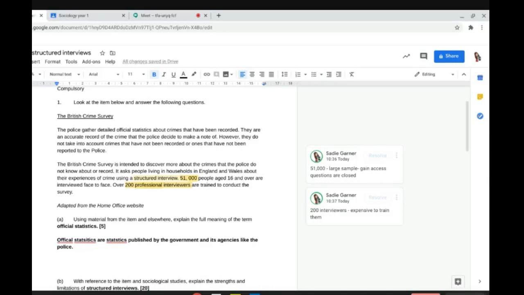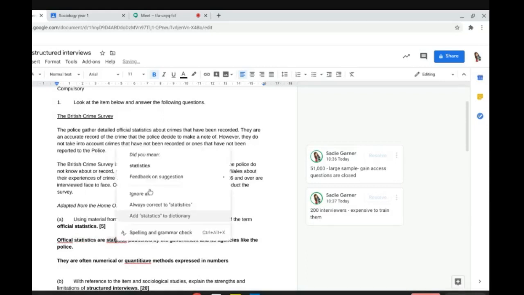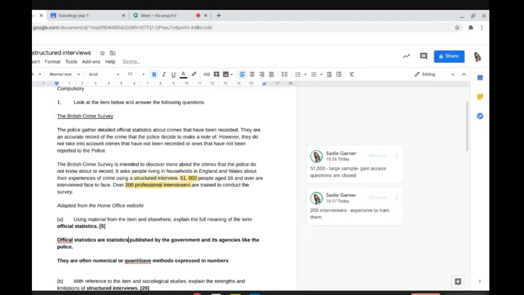They are often numerical or quantitative methods expressed in numbers. So official statistics are statistics produced by the government and its agencies like the police, 1 mark.